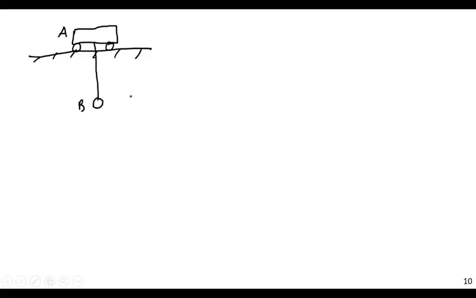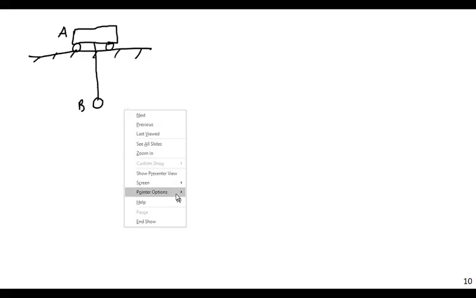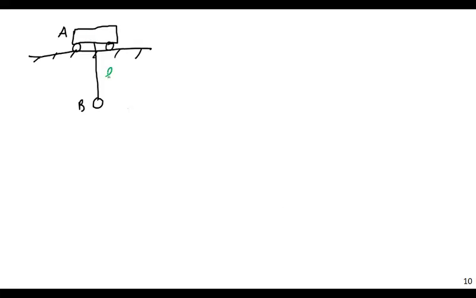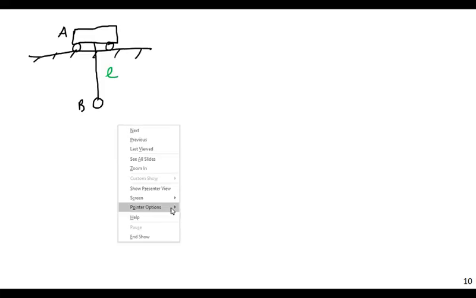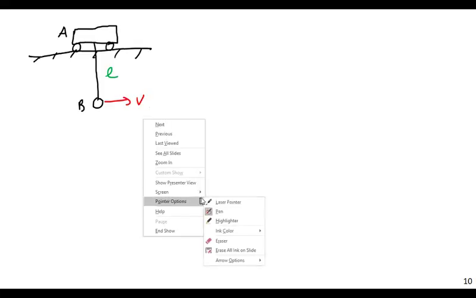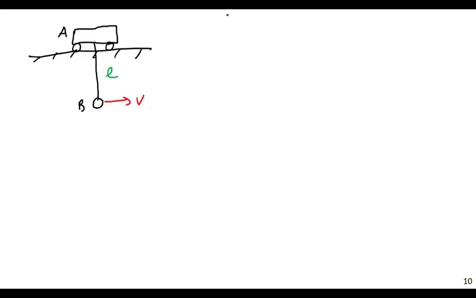This is mass B, or ball B. The cord length is L. While the cord is at rest, the ball is given a velocity v naught. Cart A is free to roll horizontally.